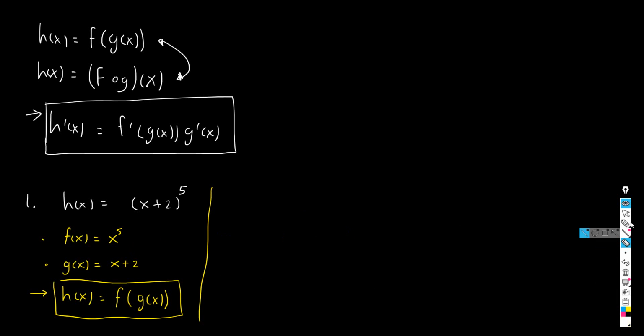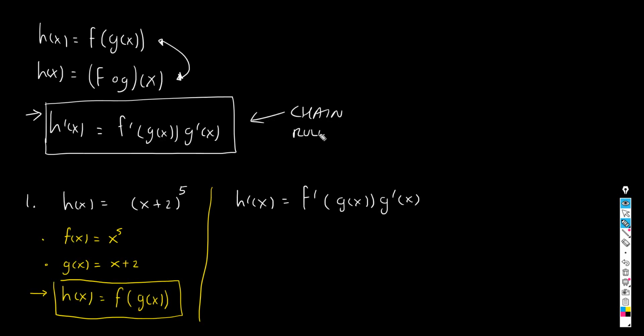I'm gonna calculate the derivative of h. H prime of x is equal to f prime evaluated in g of x times g prime of x, according to my chain rule. So all I need to do is calculate the derivative of f and the derivative of g independently.